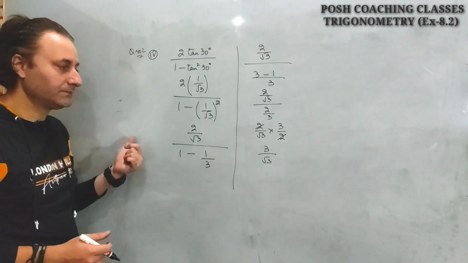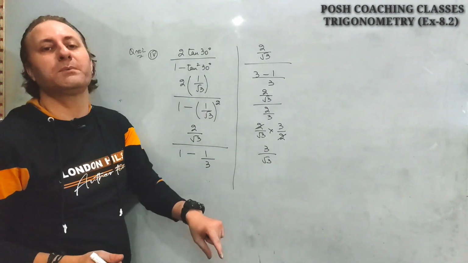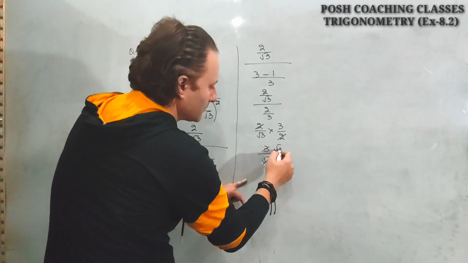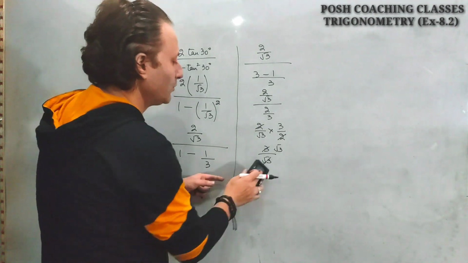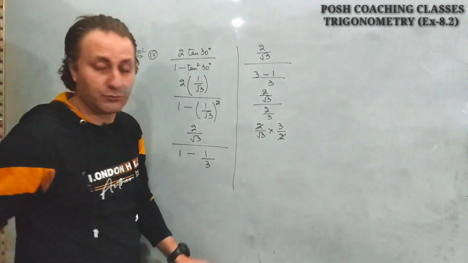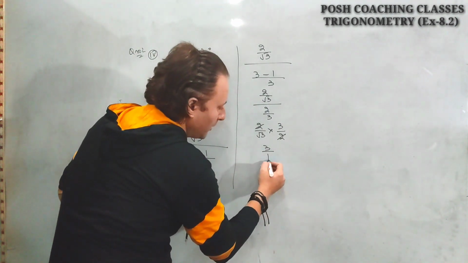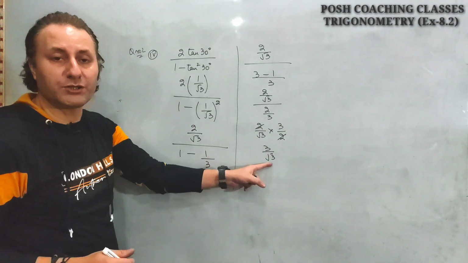If you remember, just a few questions back, I said under root 3 multiplied by under root 3 will be 3. So I'll take this and this will be this. In case you have doubts here, let me show you another way. It's 3 upon under root 3. What do we do when we have a root in the denominator?